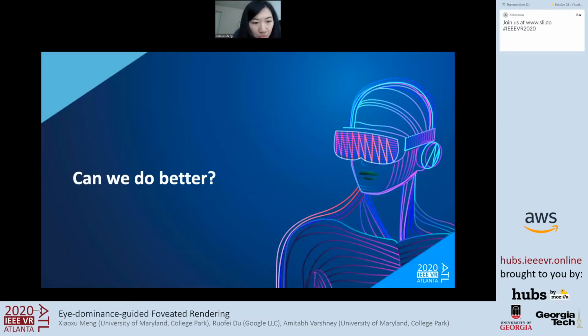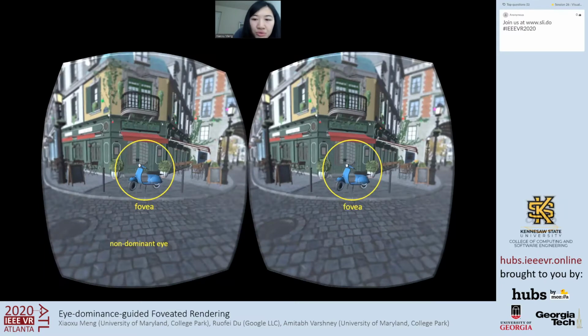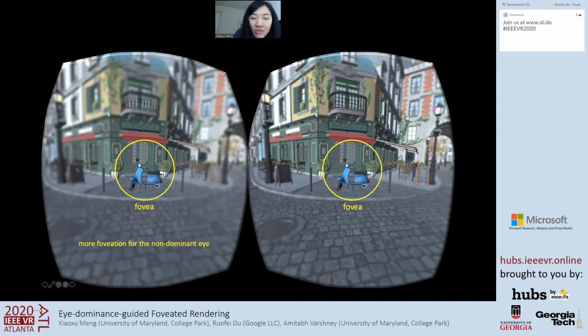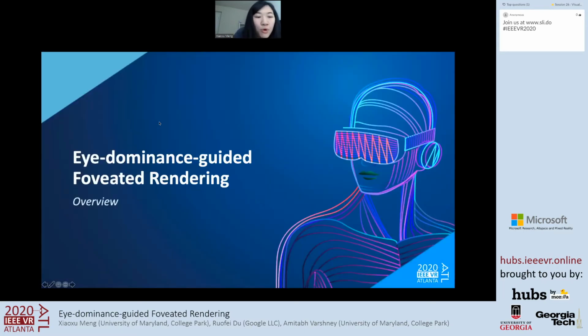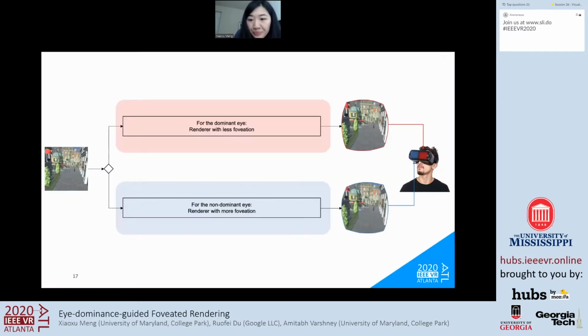So can we do better than just foveated rendering? Because we know the non-dominant eye has weaker visual acuity and contrast sensitivity, why not render the non-dominant eye with more foveation? Therefore, we started to investigate an eye dominance guided foveated rendering system.